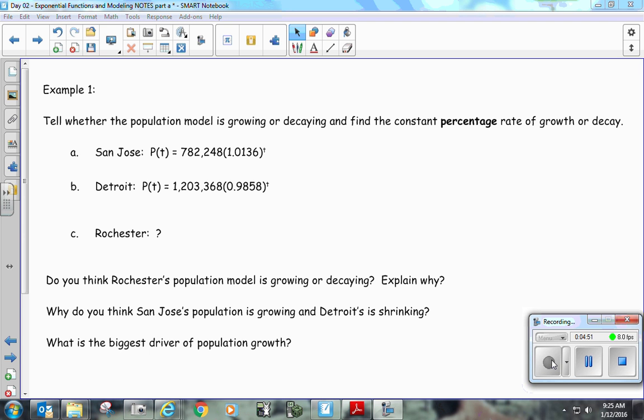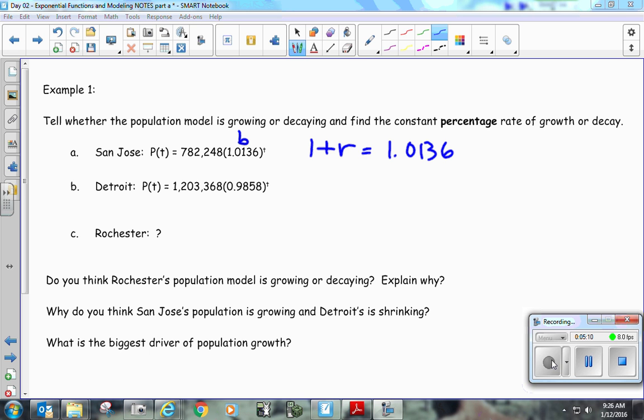Is it growing or decaying? What do you think? It's growing. How come? This right here is our growth factor. That's our b, right? That's 1 plus r, which should equal 1.0136.